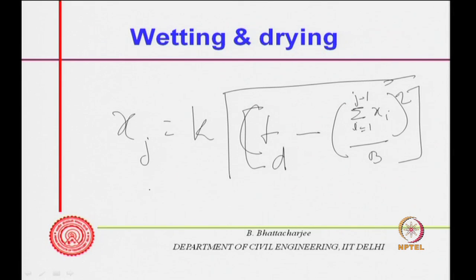So, x_j is the progressive carbonation depth in the jth cycle.